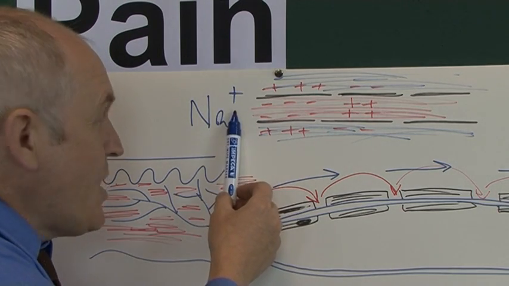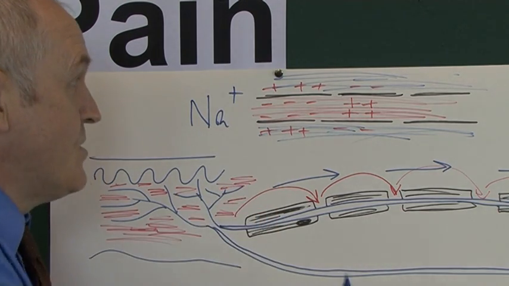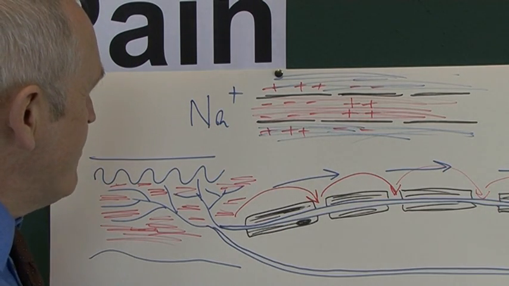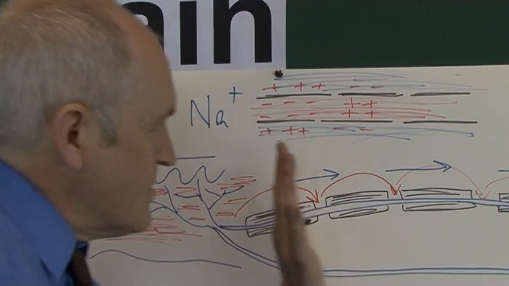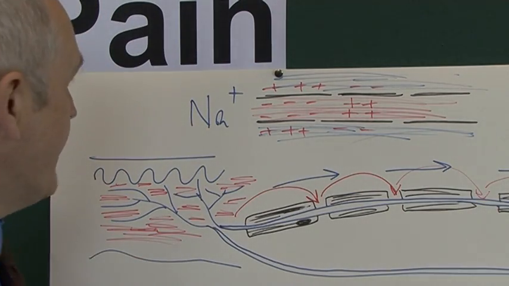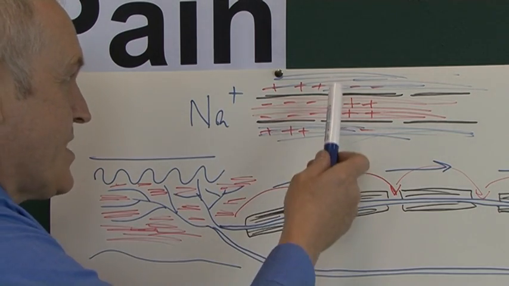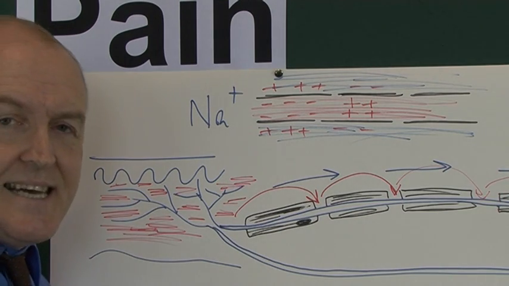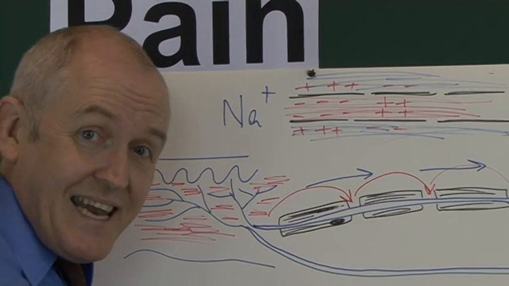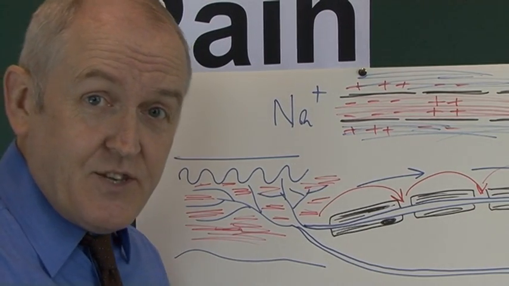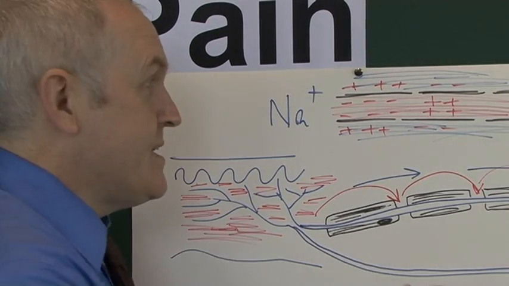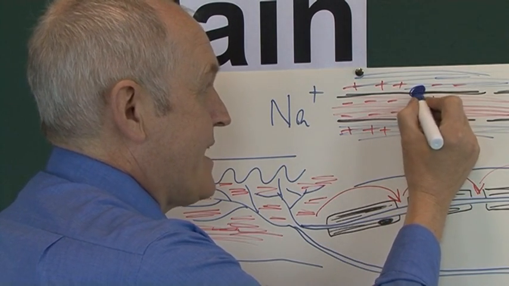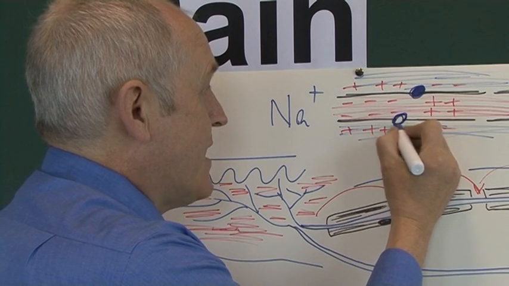The distribution of the sodium ions, which is positive, is going to alter the polarity across the cell membrane. So the propagation of the nerve impulse depends on the ability of sodium ions to go in and out of the cell membrane. Now, local anaesthetics like lignocaine, which are based on cocaine, what those local anaesthetics do is they block these ion channels. They block them. So there we see a molecule of lignocaine blocking up the ion channel.